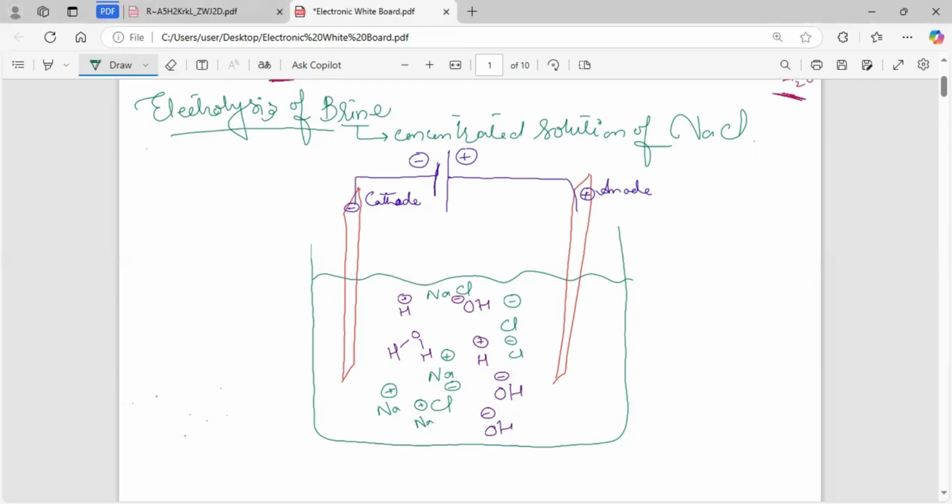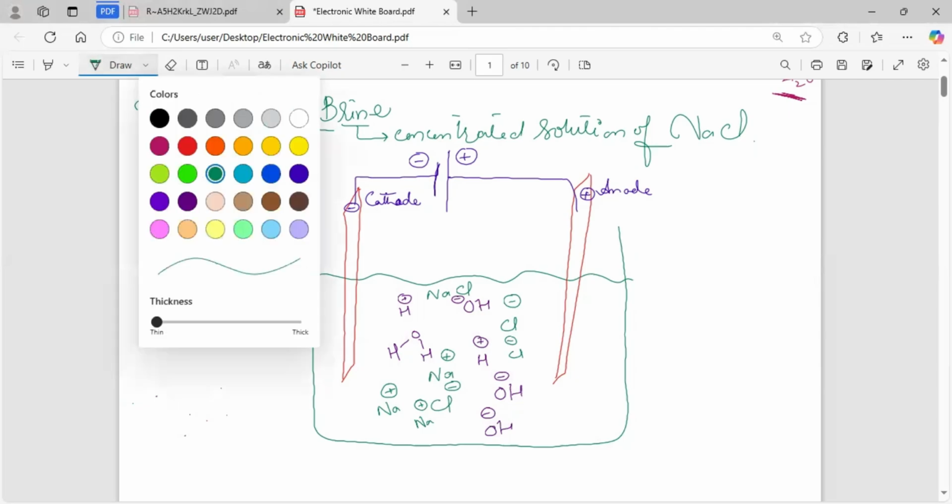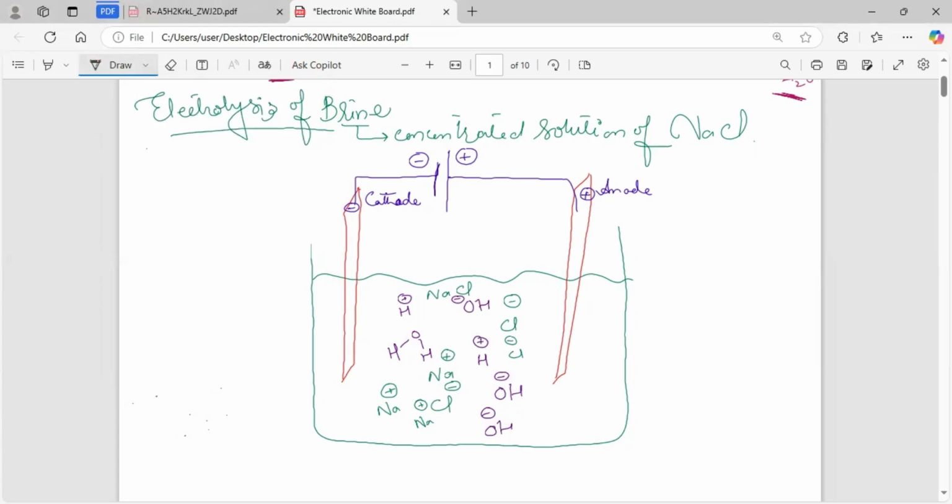Now what will happen? Which ion will move towards which electrode? We will be discussing that in this topic. We know that chloride ions will rush towards the anode, and OH negative ions will also be attracted towards the anode. Now there are both possibilities.